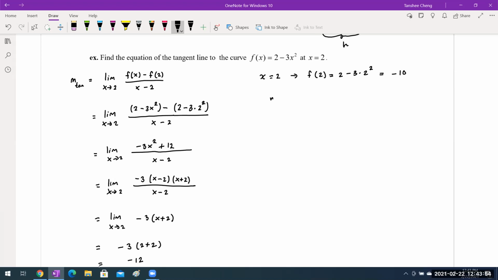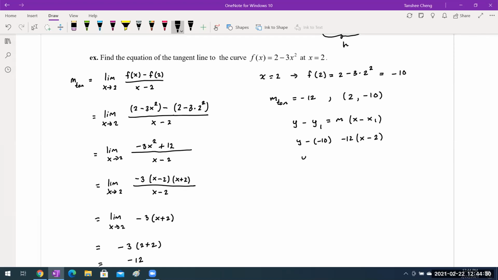So we have the slope of the tangent line at negative 12. And we want to find the equation of the tangent line at this particular point, 2, negative 10 on the function. So we have a slope and we have a point, so I can use the point slope form to find out what is my equation of the line. That will be y minus negative 10 equal to negative 12 times x minus 2.